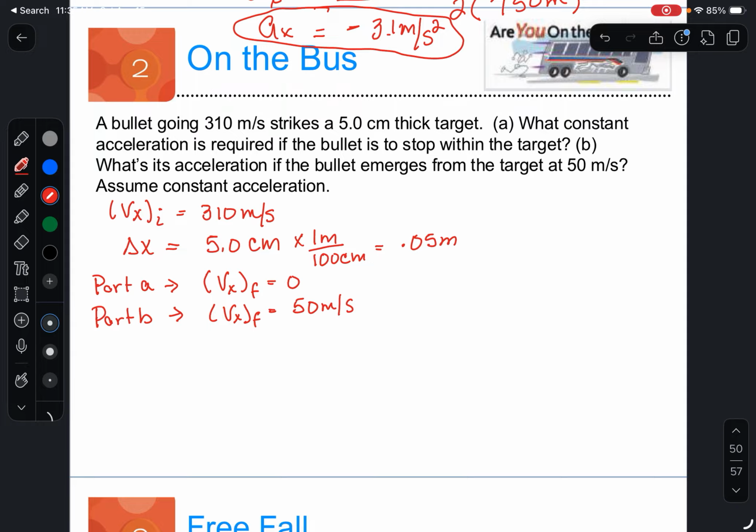So again, we're going to use that third kinematic equation, which we just rearranged in the previous problem. When we rearrange it, we have a_x equals v_x final squared minus v_x initial squared, over 2 delta x.